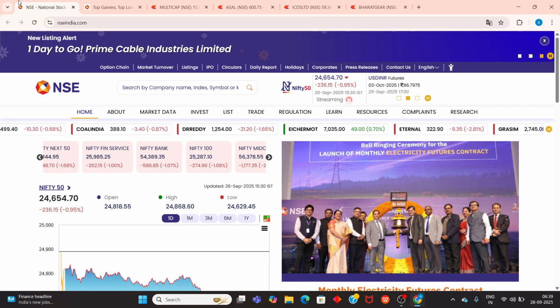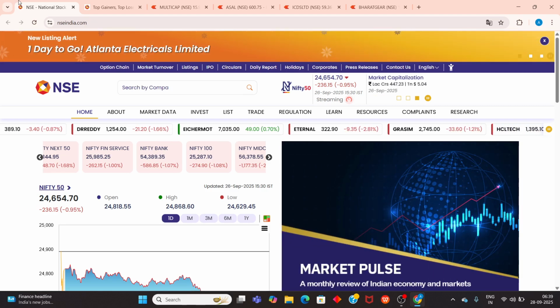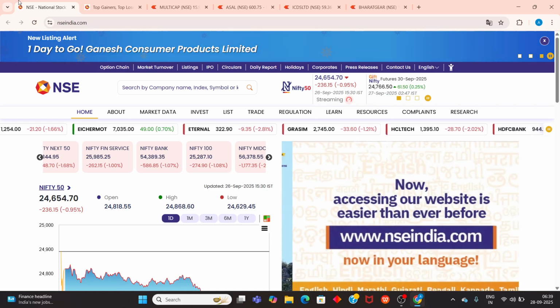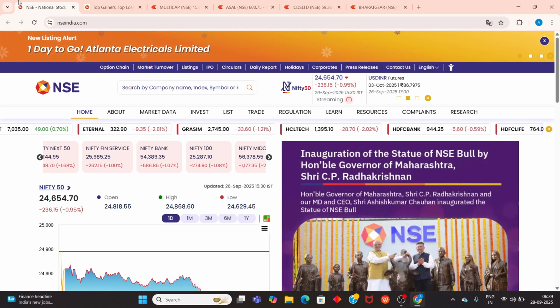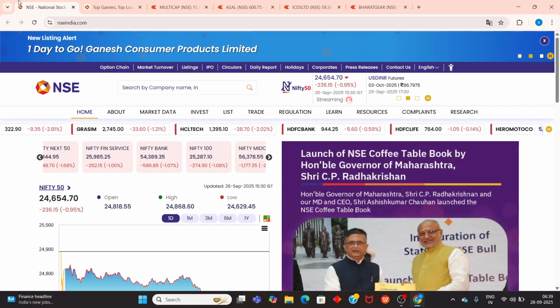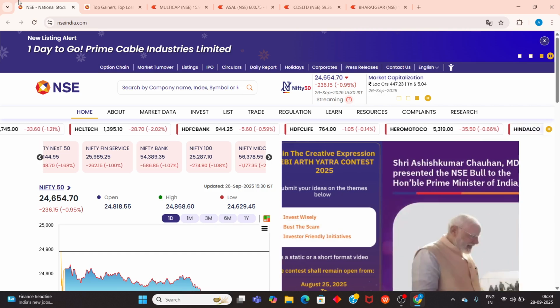You might ask why liquidity is important. Sometimes you buy a random stock and you're able to buy it, but when it comes to executing the sell order, there are no sellers or buyers, so it's very difficult to sell at that point.